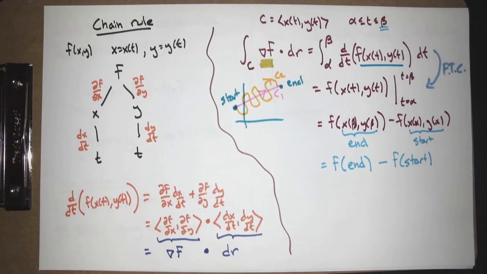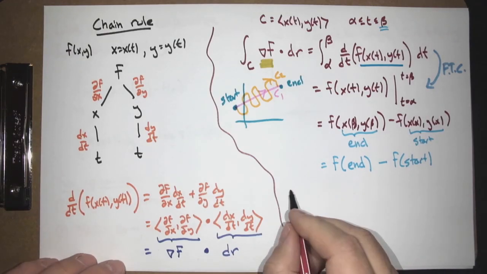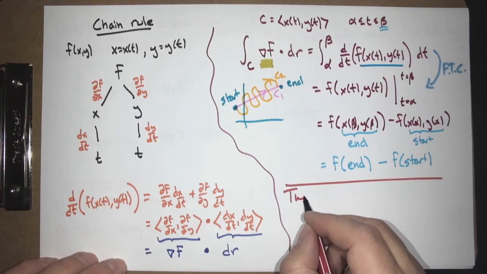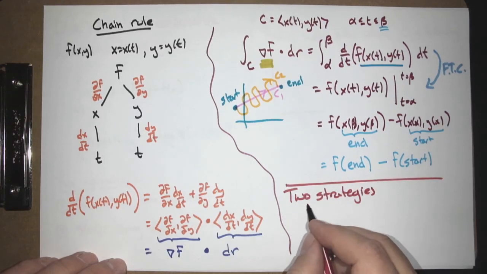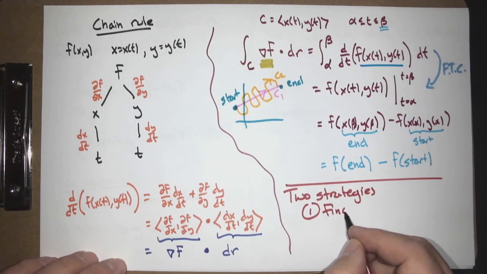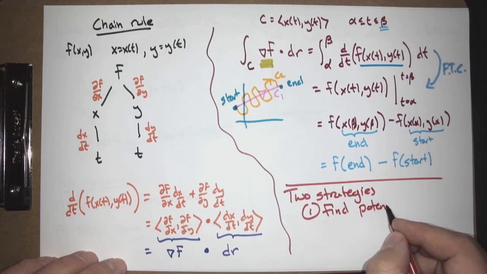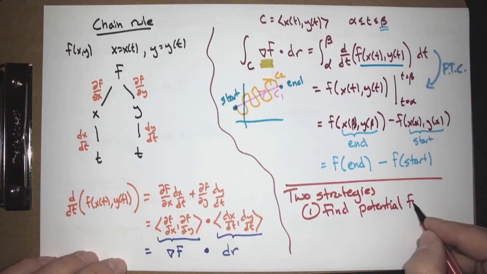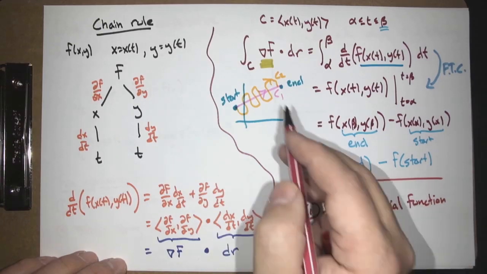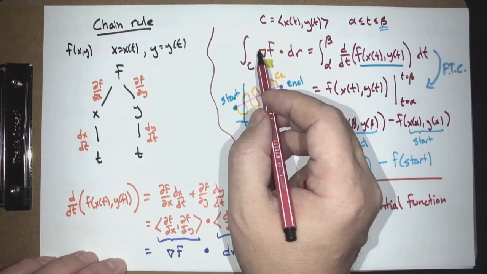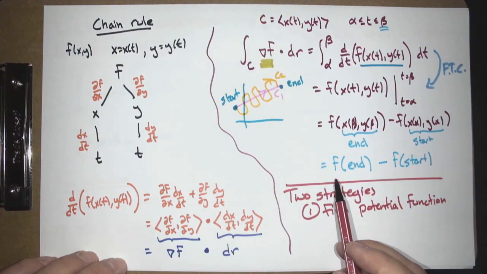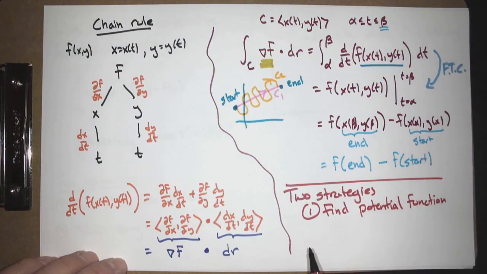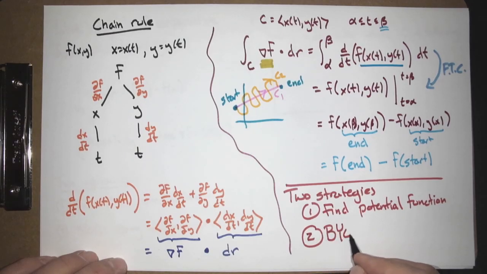So this gives us, in particular, 2 strategies. So we're going to spell them out here. Now the first strategy is find your potential function. Why? Well, that says I'm integrating something. If it turns out it's a conservative function, if I find the potential function, I evaluate at the endpoints, life is good. Second strategy, BYOC.